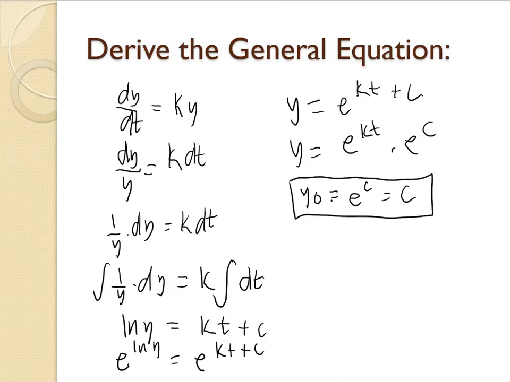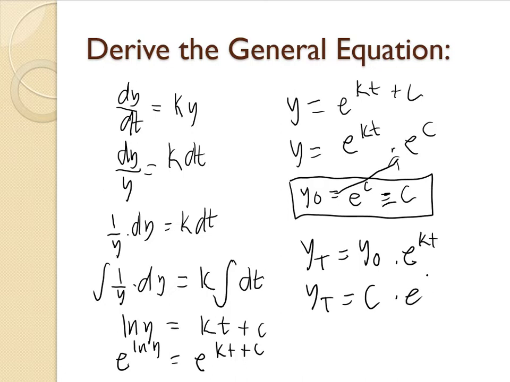Therefore, replacing e raised to c by y sub 0, magiging general solution natin, it becomes y sub t is equal to y sub 0 times e raised to kt. Or, pwede ring y sub t is equal to c times e raised to kt, kasi yung y sub 0 is equal to c din.